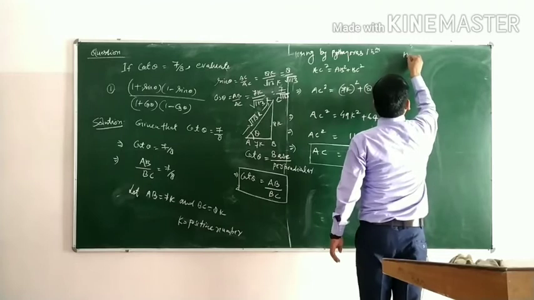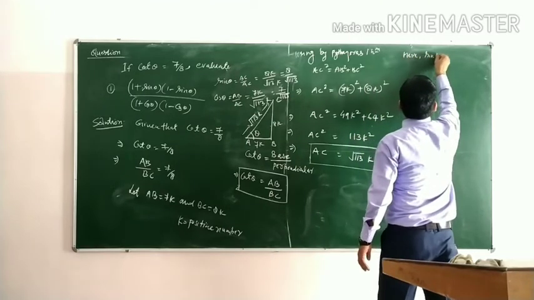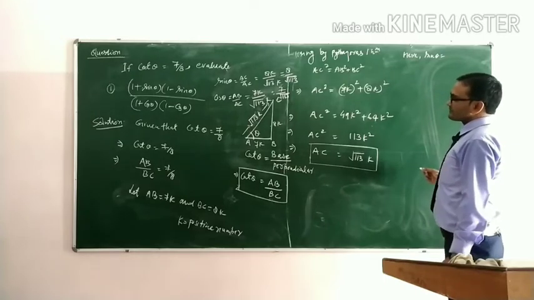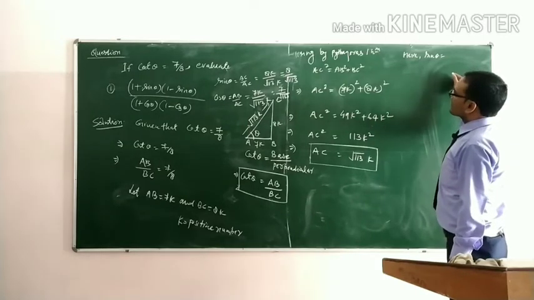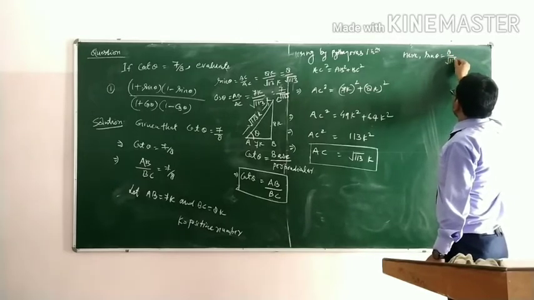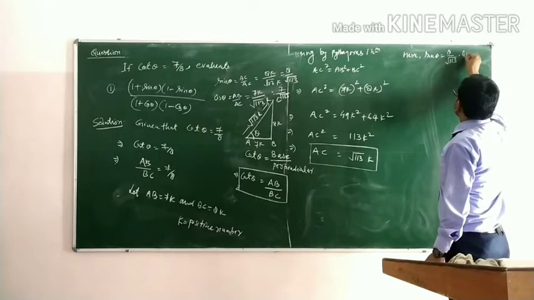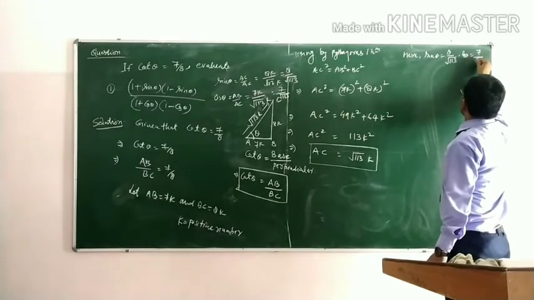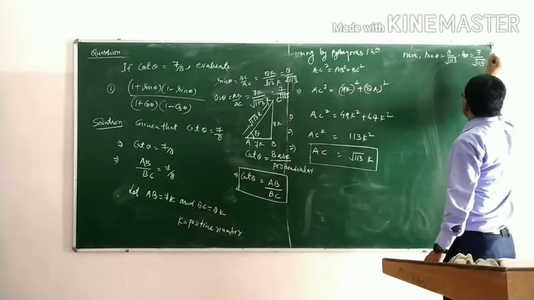Here sin theta is 8 by square root 113 and cos theta is 7 upon square root 113.